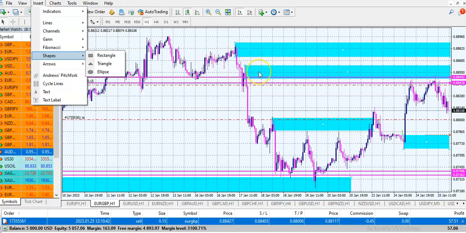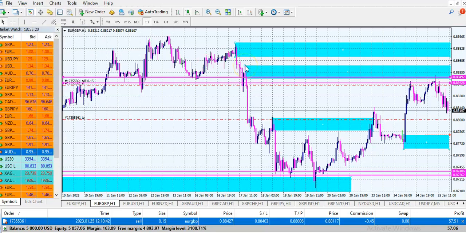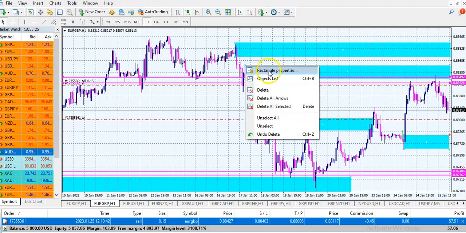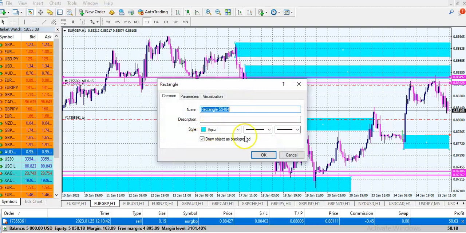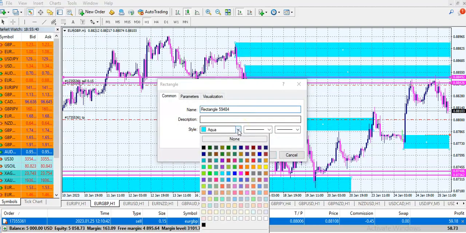You can, of course, color it the way you want. All you have to do is double click that until you see those white things at the edge. Then you right click, go to rectangle properties, and from there you can click the drop down at the style, and then you can choose whatever color that you want.